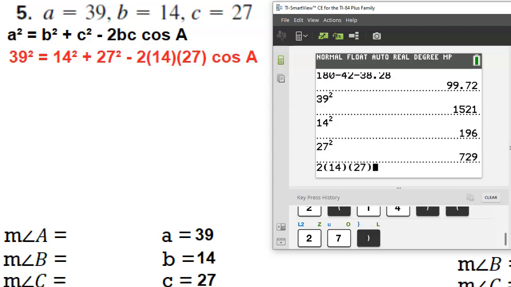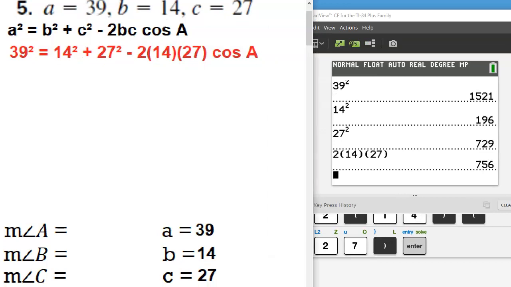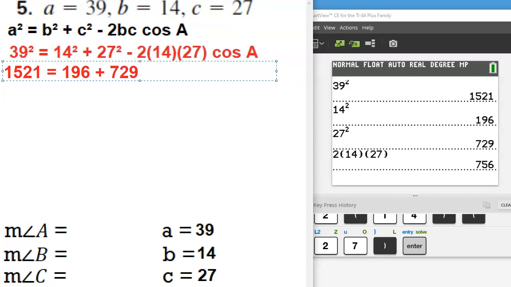I'm trying to get all the calculations out of the way so you can see where we're going here. So let's throw this into the formula. We get 1521 equals 196 plus 729 minus 756 cosine of A.